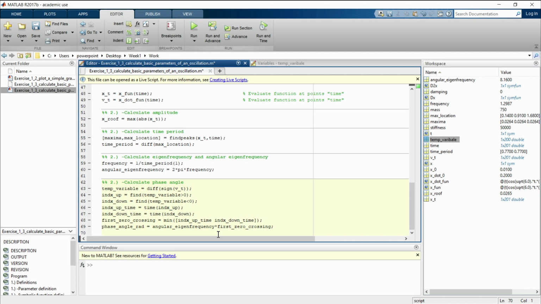And if you also want to have the phase angle in degrees, you can convert the phase angle in radians to degrees by using the factor 180 degrees divided by pi. And now we can run the script.